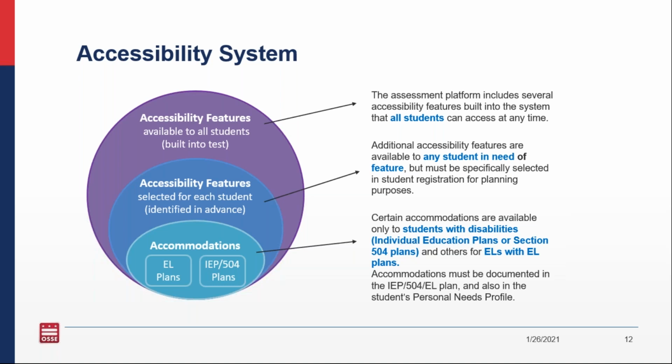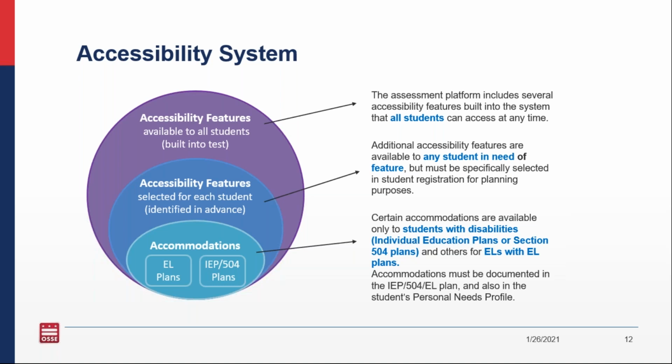So when identifying accessibility features and accommodations within the testing platform and the PARCC Consortium, we have to first look at the entire accessibility system. There are three areas that make up the accessibility system. First, we have our accessibility features, which are available to all students, and they can access them at any time. These are features that are built into the platform.